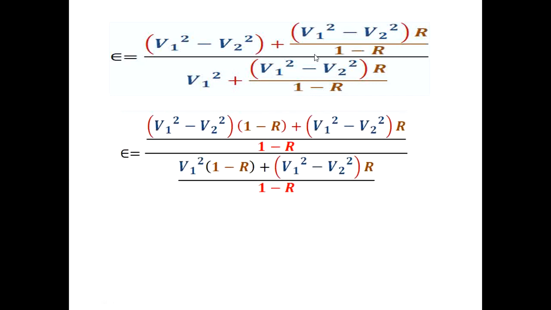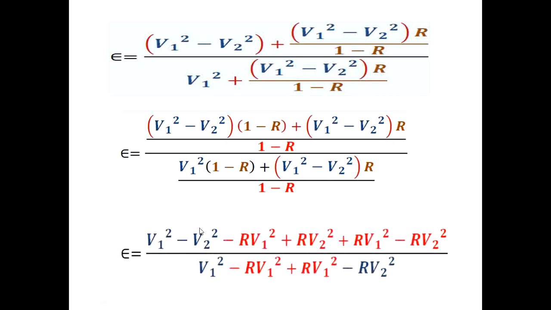Simplify it like this. 1 minus R is multiplied with this, and V1 square minus V2 square into R divided by 1 minus R. The terms I marked in red will get cancelled. So we get 1 minus R into V1 square plus V1 square minus R V2 square into R. Just keep this in mind and go for the simplification.